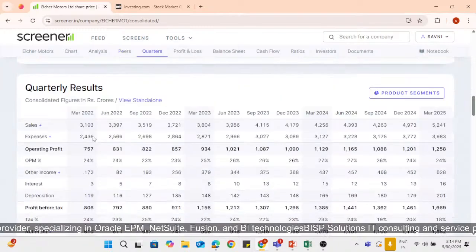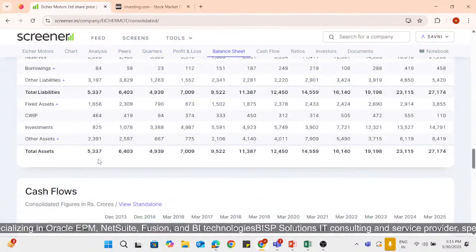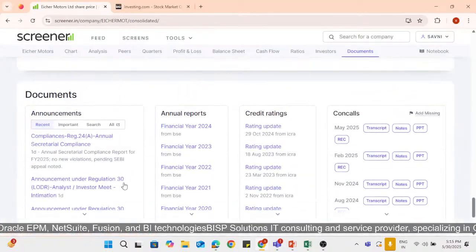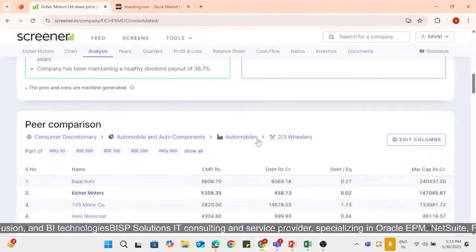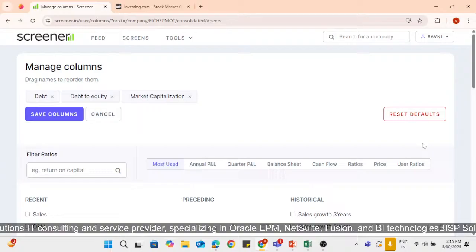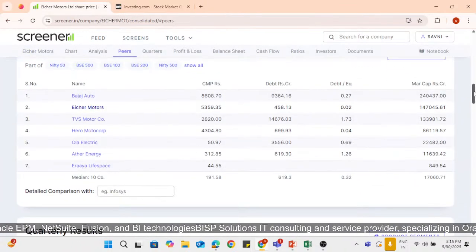We don't have to go here, we just have to move down. It is showing that our Eicher Motors has this, right? I have added my columns as debt to equity and market capitalization because I require that. When I save the columns, it will show me these market shares.